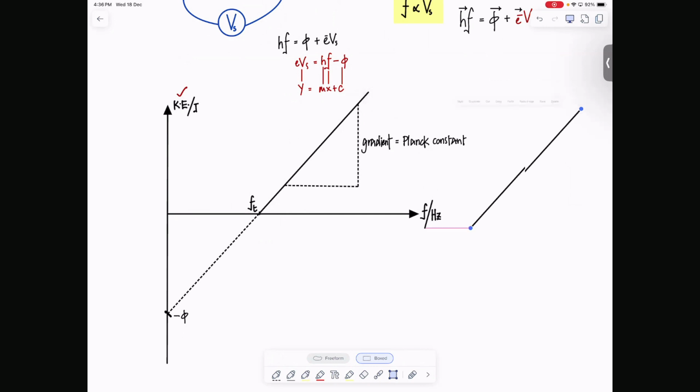To the left. To the right. Okay, how many of you think that a metal with a higher work function will give you a graph that shifts to the left? Higher work function. Okay. And higher work function to the right.